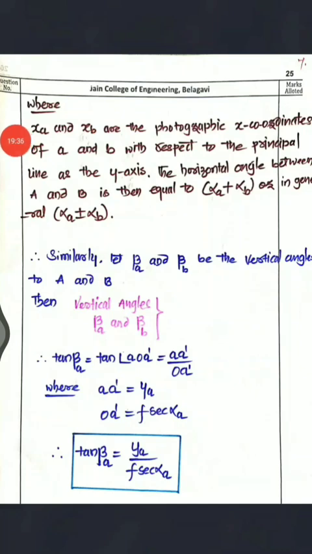Now as AA dash is YA and OA dash is F sec alpha A, then tan beta A is equal to YA divided by F sec alpha A.